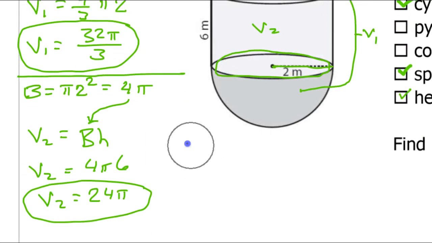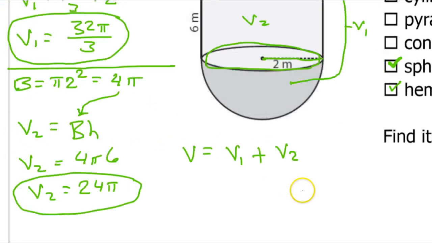So now I have volume 1 and volume 2. The overall volume should equal volume 1 plus volume 2.